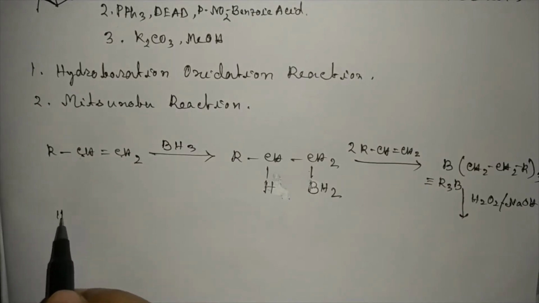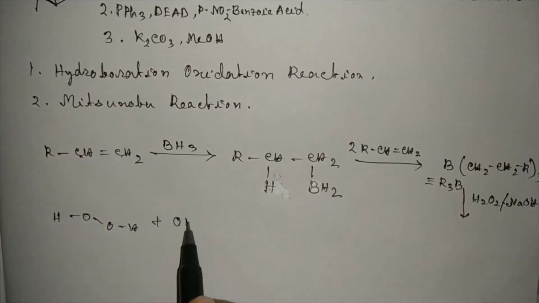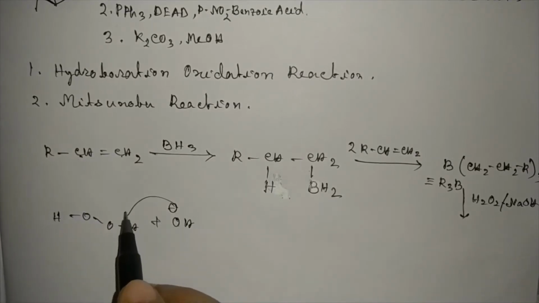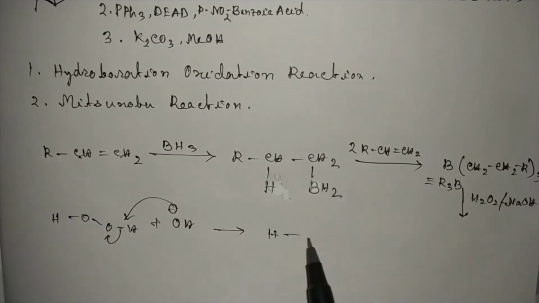First, OH minus will produce the hydroperoxide ion.